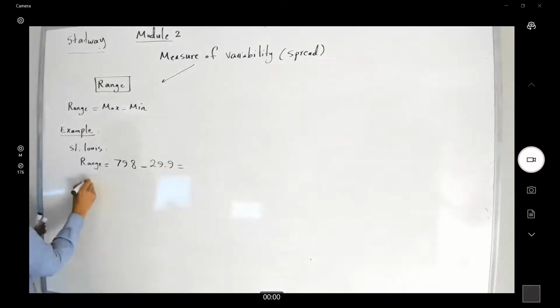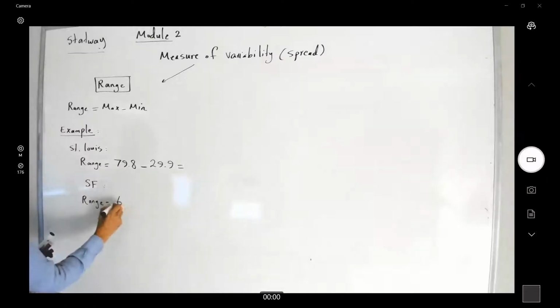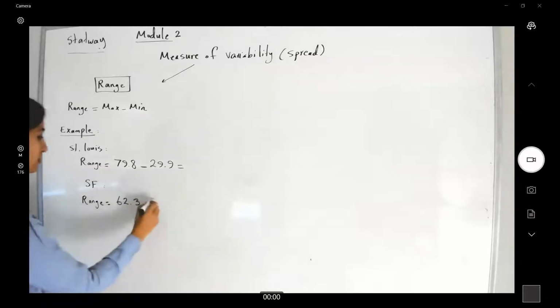What about San Francisco? When we talk about San Francisco, we're interested in finding the range. The maximum value in San Francisco is equal to 62.3, and the minimum value is 51.1.